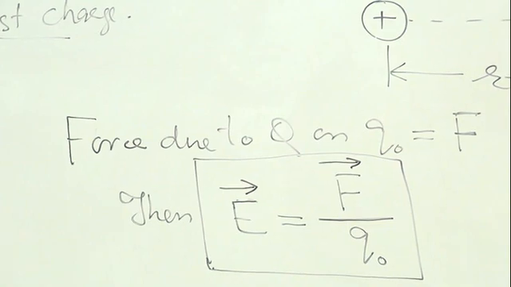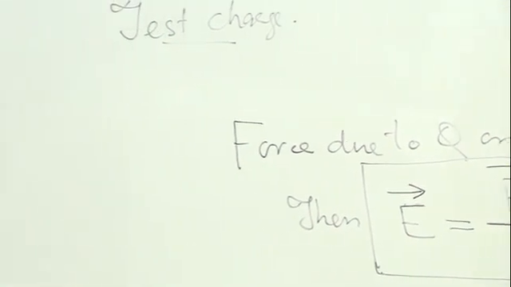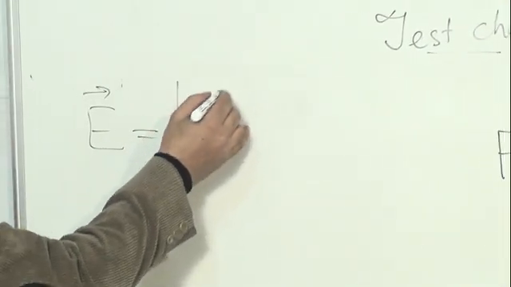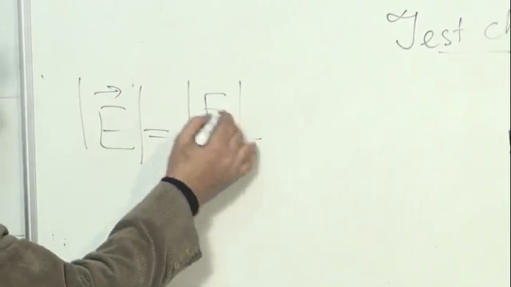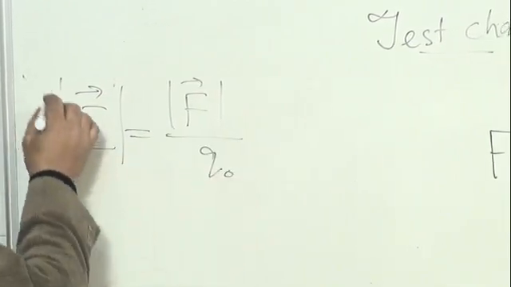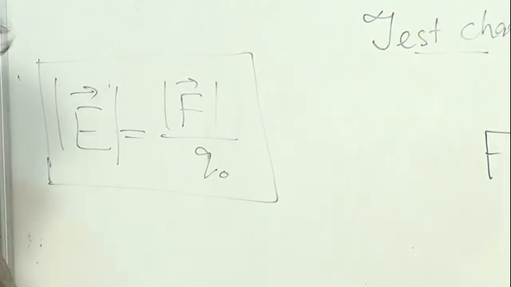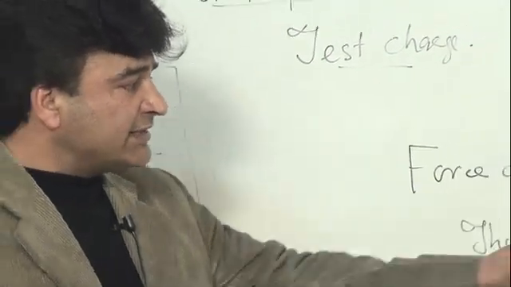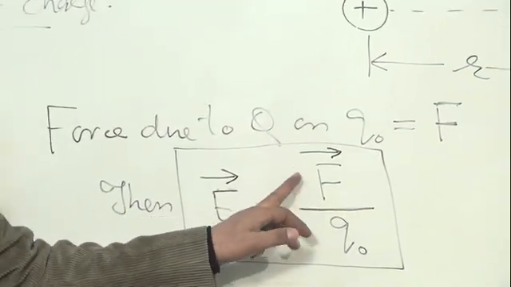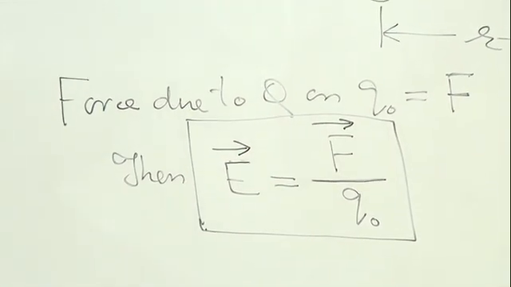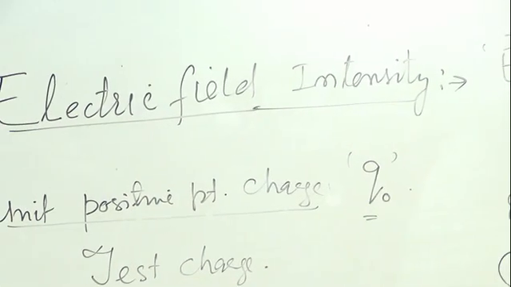The magnitude of electric field intensity is the magnitude of force divided by Q naught, and its direction is the same as that of the force experienced by unit positive point charge when placed in the field.